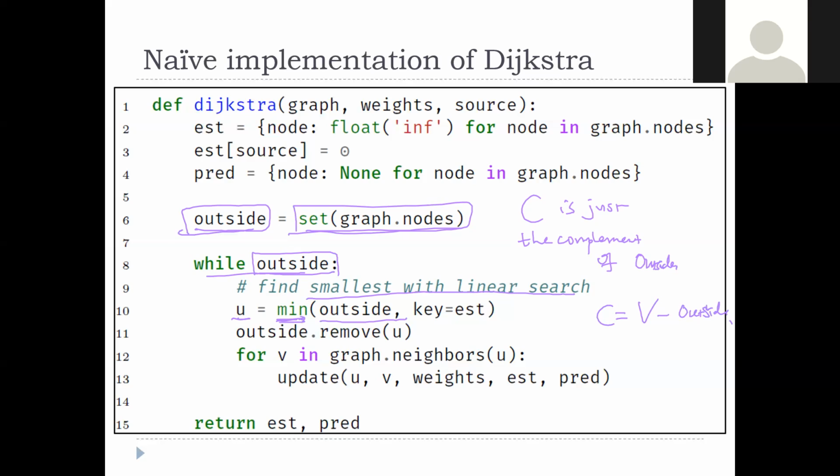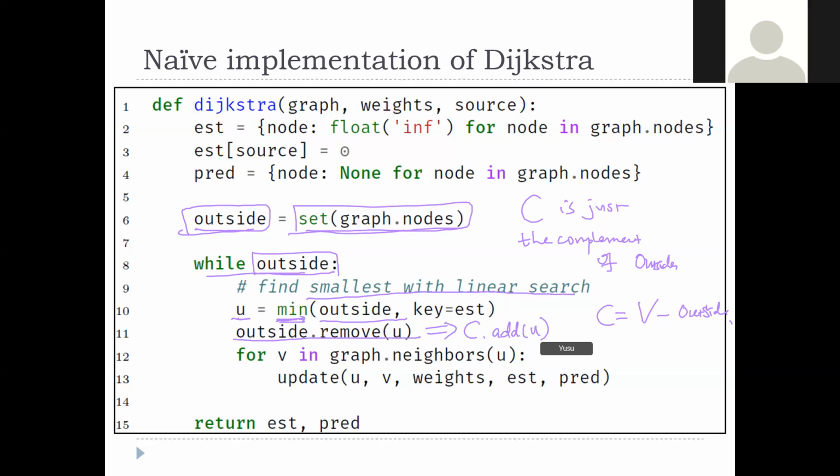Then I remove this one from my set. I delete this node from outside because now it's added, which is equivalent to adding this node to set C.